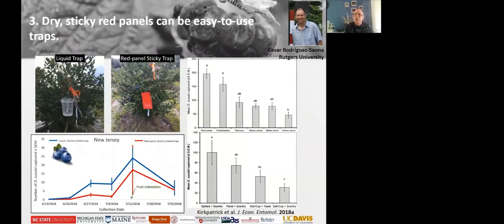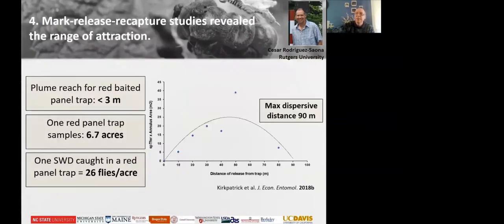However, studies conducted in various states found variable results. A mark release recapture study was done to determine the range of attraction of these red panels. This study found that the maximum dispersive distance for SWD is 90 meters, which translates to the need of 1 panel trap every 7 acres.